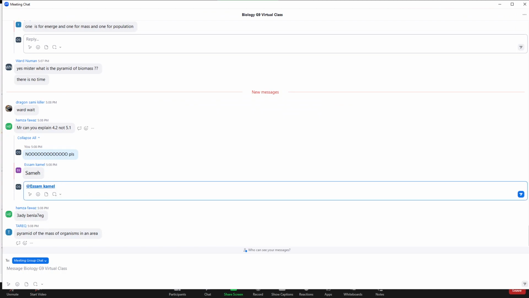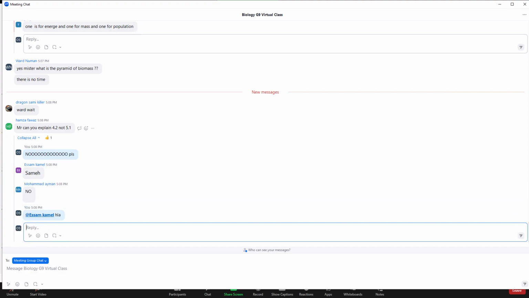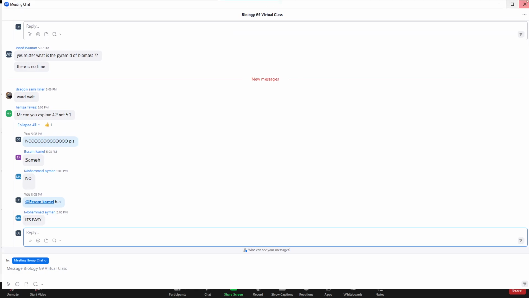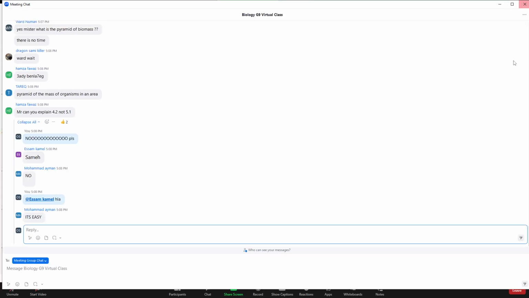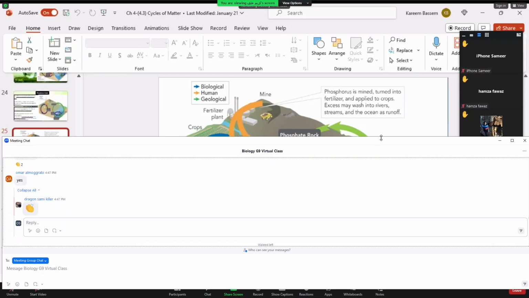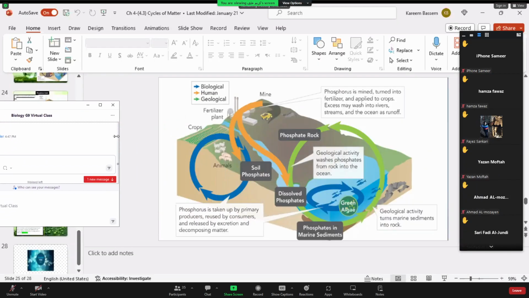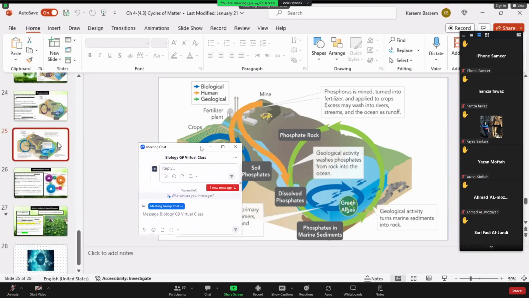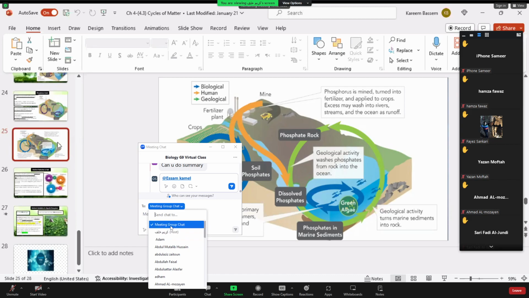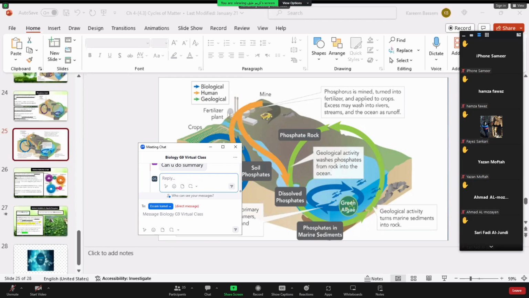These marine sediments later become rocks, and due to geological activity, the phosphate turns into rocks again, and the same process repeats when these rocks rise to the surface, and we can get phosphate out of them and put it as fertilizer into soil. So we don't need to go into much detail for the phosphorus cycle. Just focus on the main points we had.